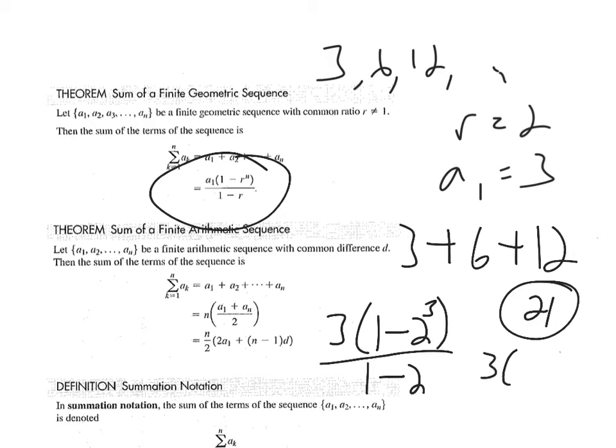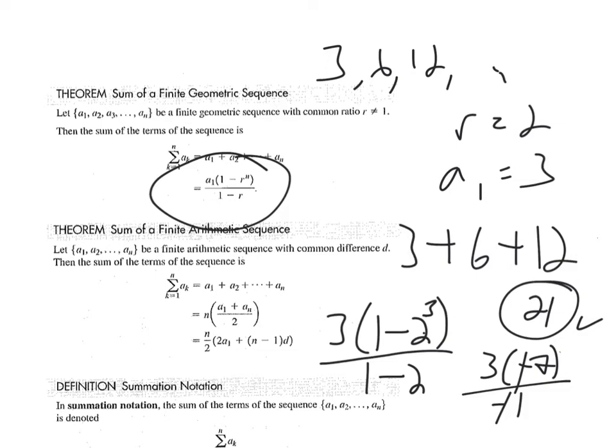That's going to be 3 times, let's see, 2 to the third is 8. 1 minus 8 is negative 7. And that's going to be divided by 1 minus 2, which is negative 1. The negatives cancel out. 3 times 7 is 21. Okay, and that's what the formula is. I guess I could do another example, but it's all the same kind of thing.